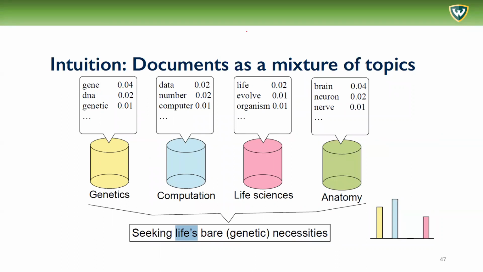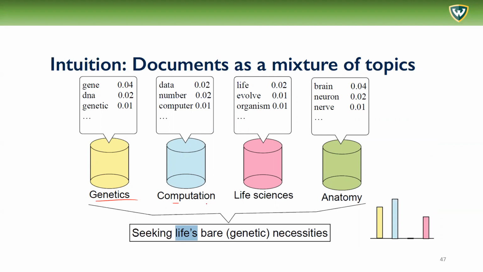So the intuition for this kind of analysis is that documents are a mixture of topics. One single document may be about genetics, and certain terms may have different probability or weight to be related to this topic of genetics.